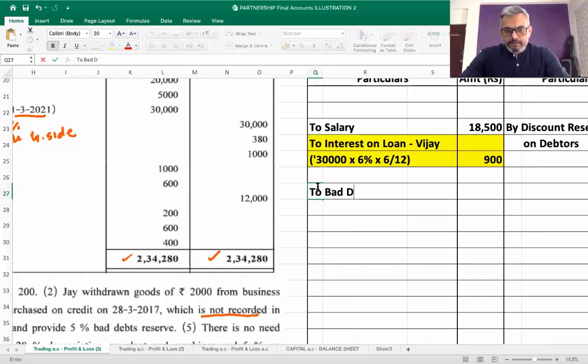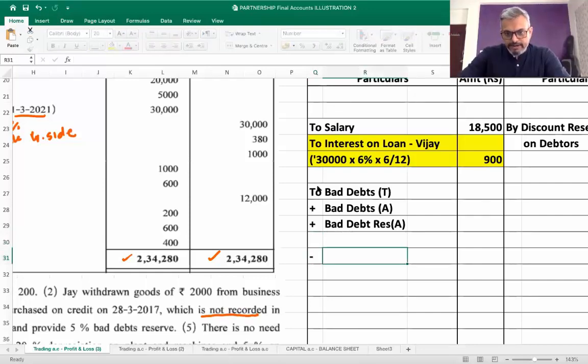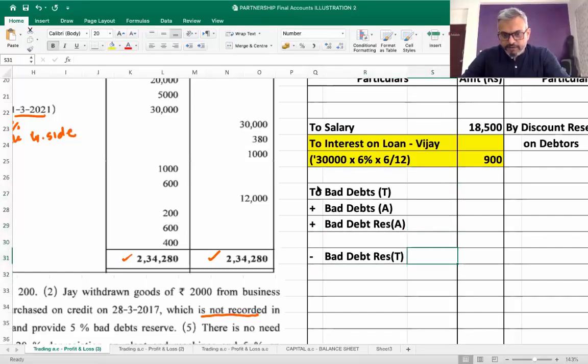Bad debts as per trial balance plus bad debts as per adjustment plus bad debts reserve as per adjustment minus, you can write minus immediately or do the total and then write minus bad debt reserve as per trial balance. पूरा इन तीनों का टोटल करके फिर इसको सब्सट्रैक्ट कर सकते हो या साथ में भी लिख सकते हो, अप टू यू.